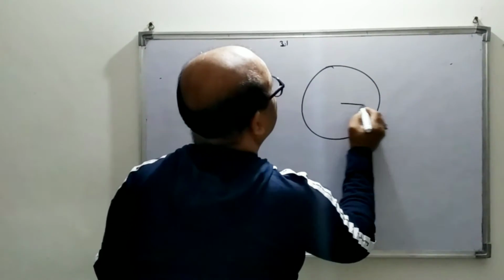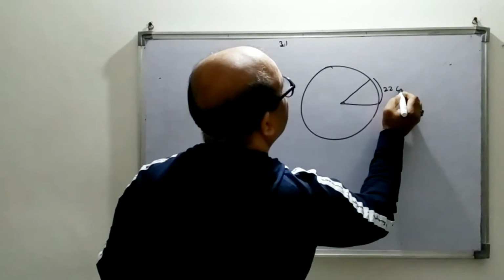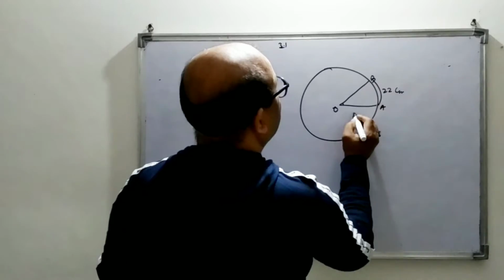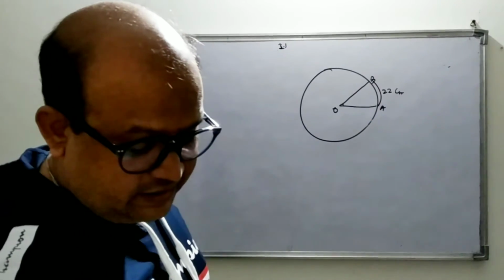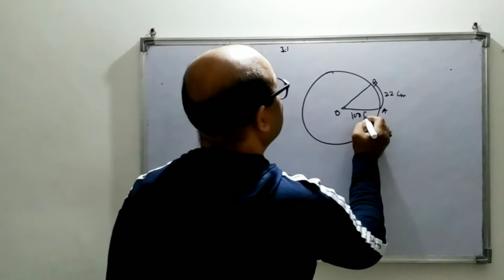This arc AB is your 22 centimeter. The radius is 100 centimeter.